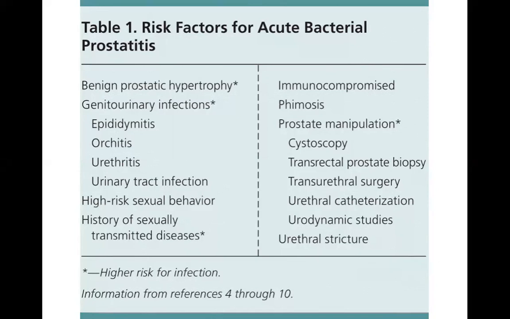Those are the high-risk groups that can develop this problem. Also immunocompromised state, phimosis, prostatic manipulation, especially cystoscopy, transrectal prostate biopsies, urethral catheterizations. All these sometimes can lead to prostatitis, and also urethral strictures. So you need to suspect this in this group of people.